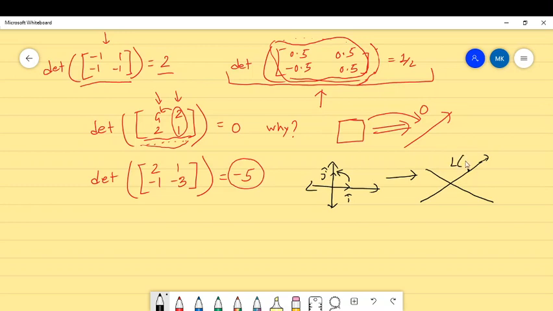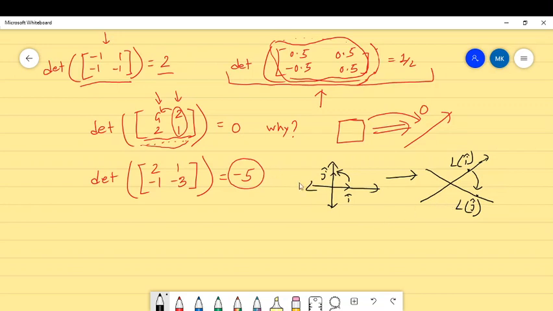This is L I cap, meaning the transformed I cap, and L J cap means the transformed J cap. As you can see here, to go from I cap to J cap, you have to make a clockwise rotation, right? So the orientation of this space has inverted after the linear transformation.